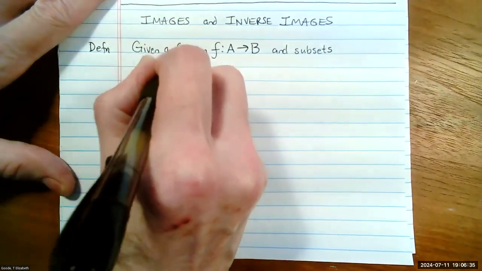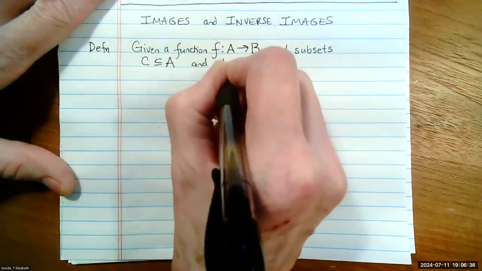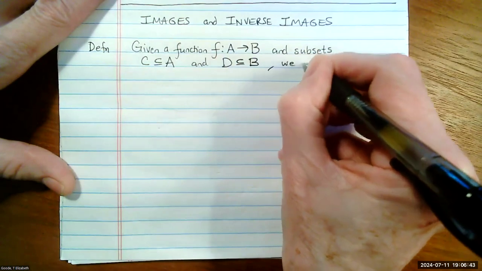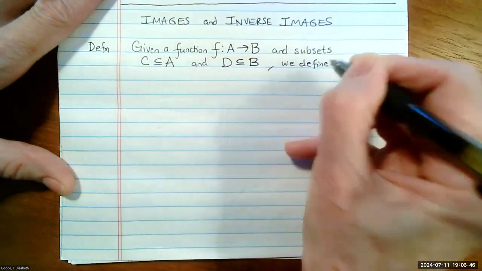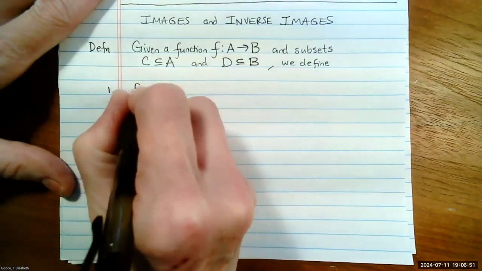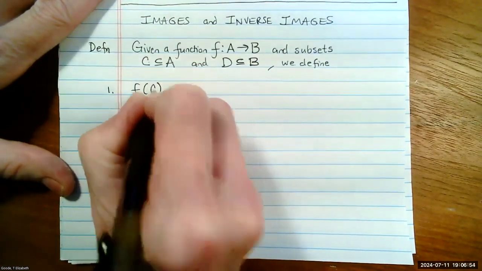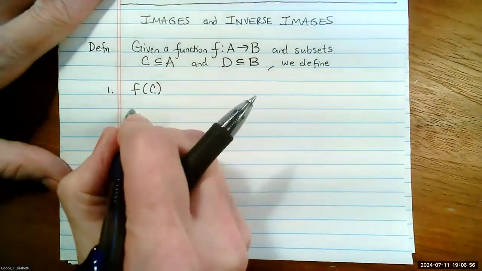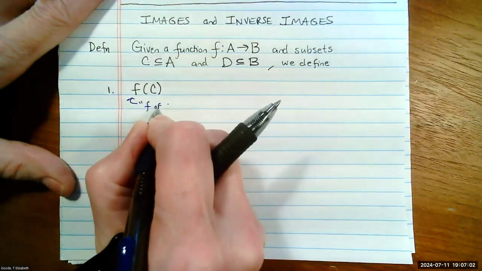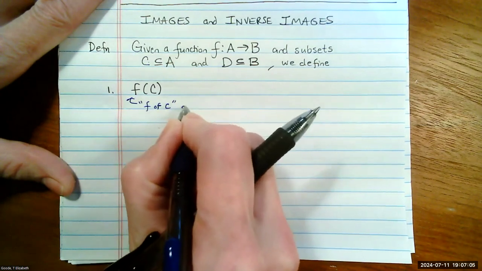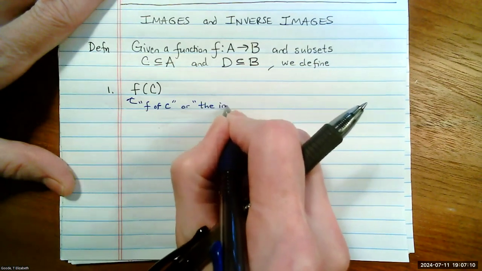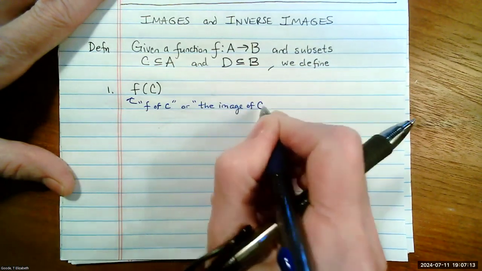C is going to be a subset of the domain A, and D is going to be a subset of the codomain B. We define, one, f of C. We read this as the image of C under f.